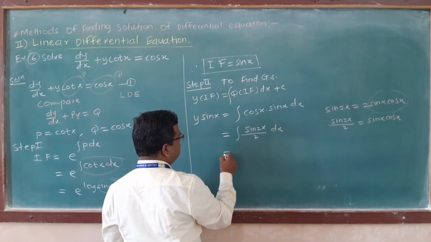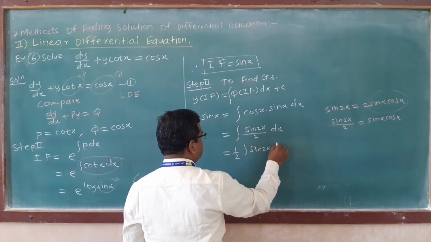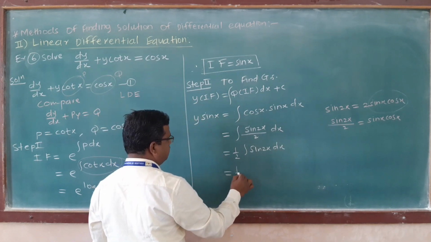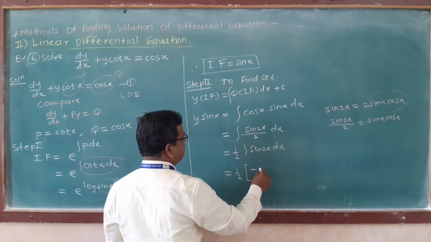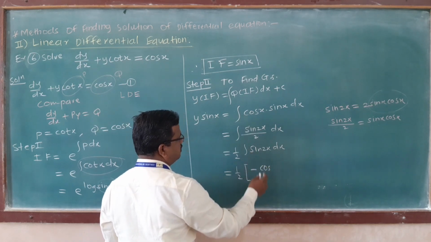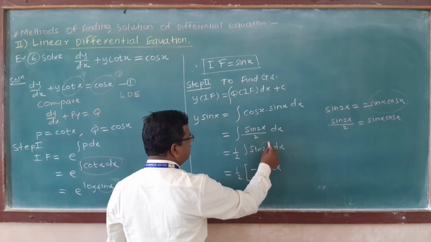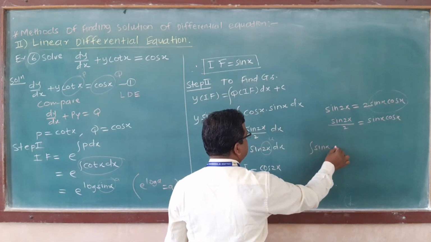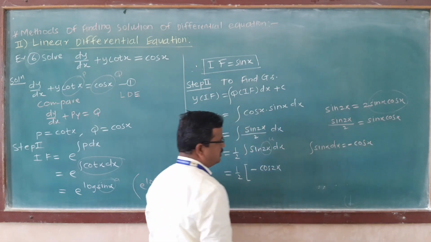Now this divided by 2, take it outside, integration of sin 2x dx, which is equal to half as it is. Integration of sin is minus cos, so integration of sin 2x is minus cos 2x. Remember, this is a composite function. We know the standard formula, integration of sin x dx is equal to minus cos x.